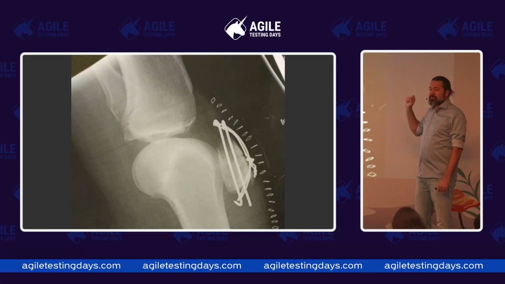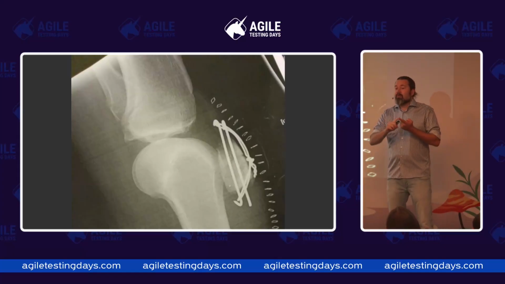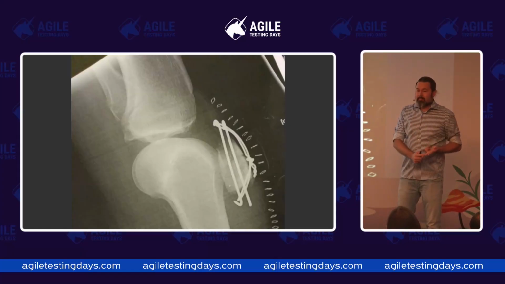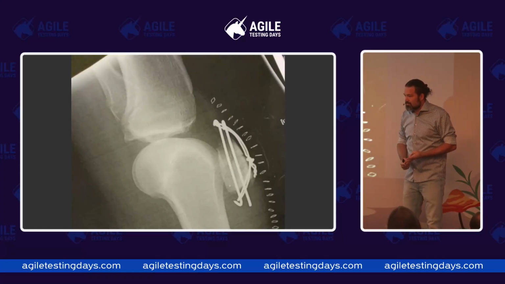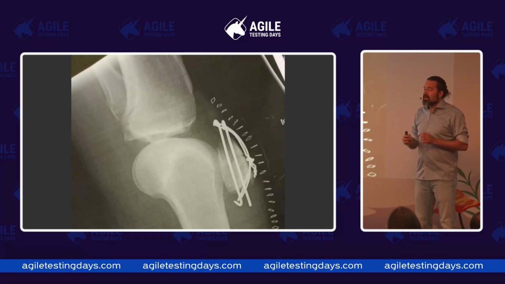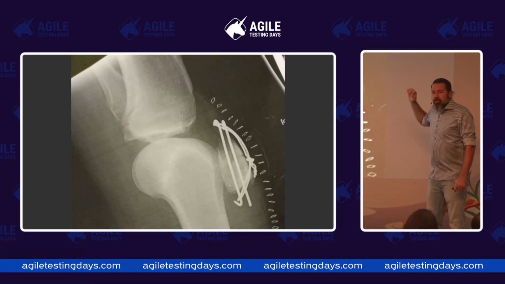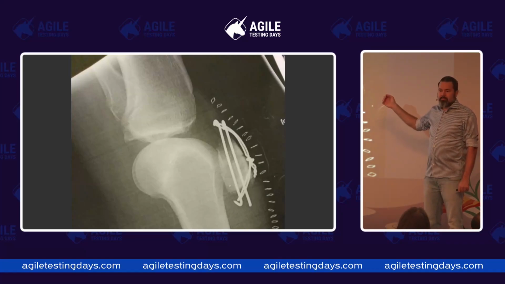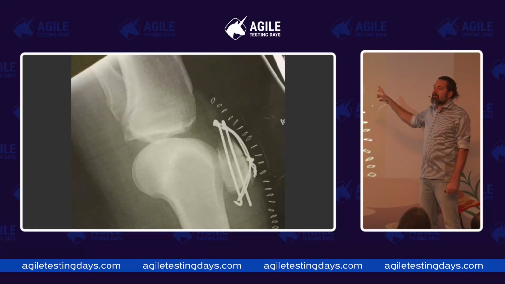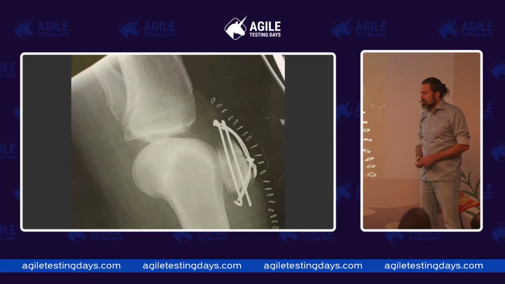And what I found interesting was that the doctor did not ask me where the pain was. He did not take a blood sample, he did not measure my temperature. In testing terminology, he did not retest all. Instead, he only took this picture and took a look whether the change that was performed by the surgeon matched the expectation he had of how my knee was supposed to look like.